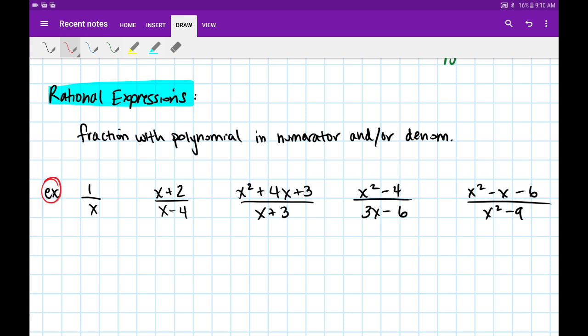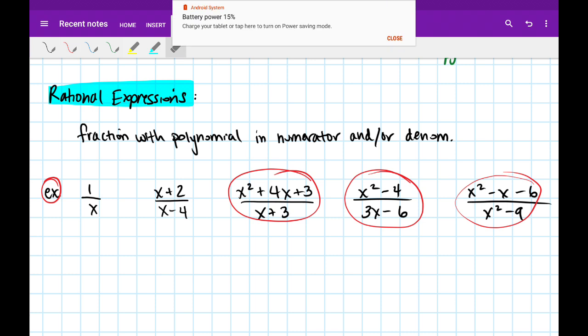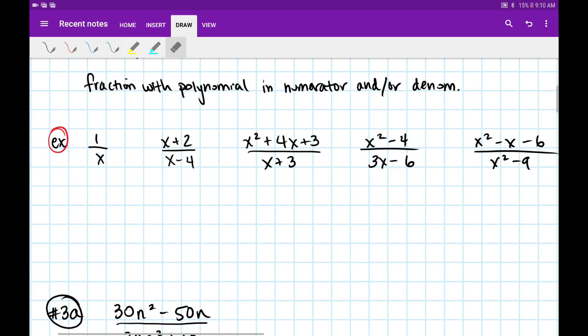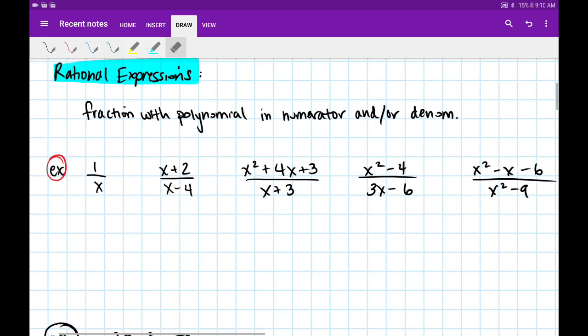We have x plus 2 over x minus 4, and even these more intense looking ones have polynomials both in the numerator and the denominator, and that's fine. These are all rational expressions. There's something a little awkward about these expressions, and we have to be very careful with them.